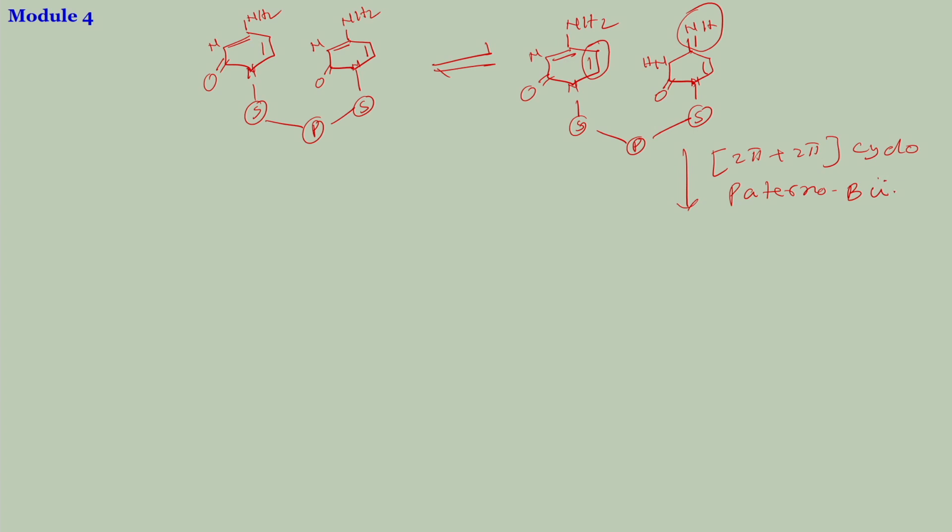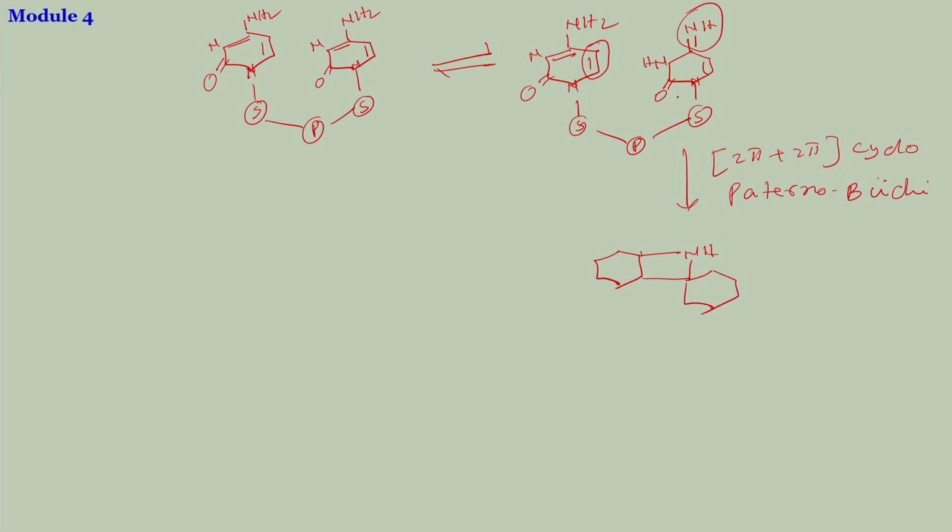Paterno-Bucchi reaction, and this will yield finally the NH. This will lead to the intermediate with a double bond. So, here that NH would be there.